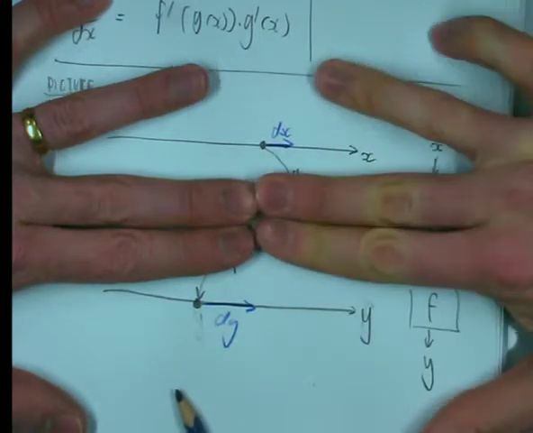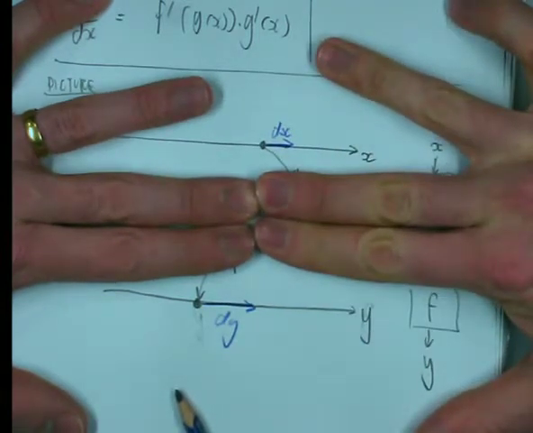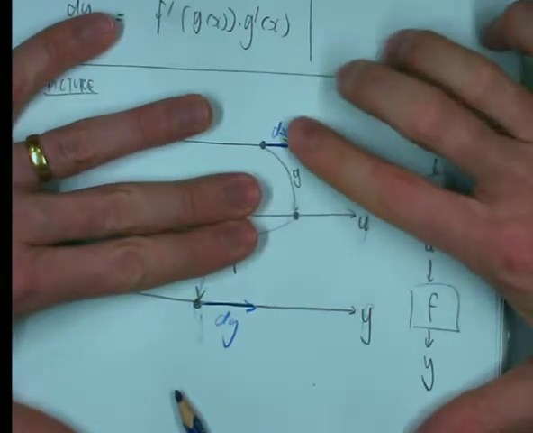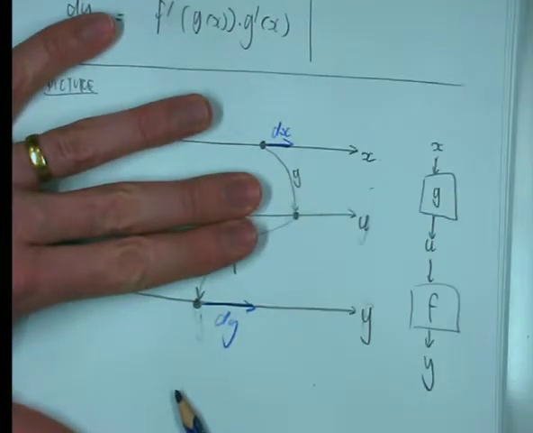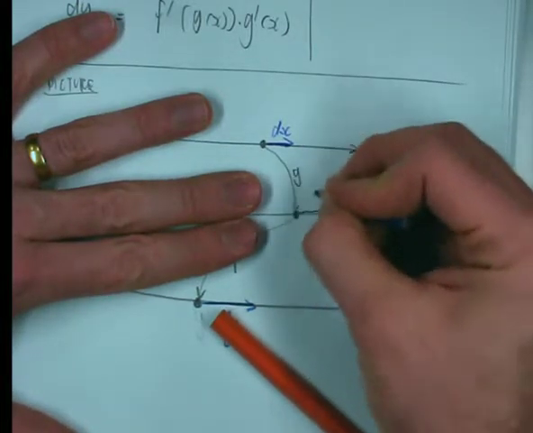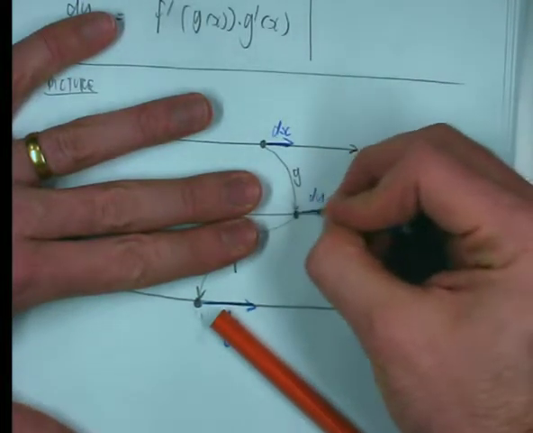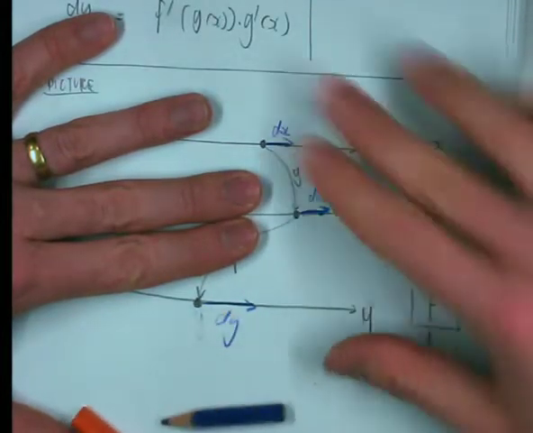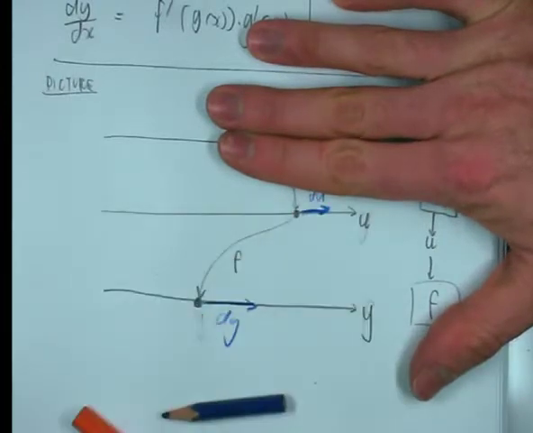Okay, that's what I want to know directly. But it's a little easier to go, well, what if I knew instead how big the change in x was relative to the change in u? And what if I also knew how big this was relative to that?